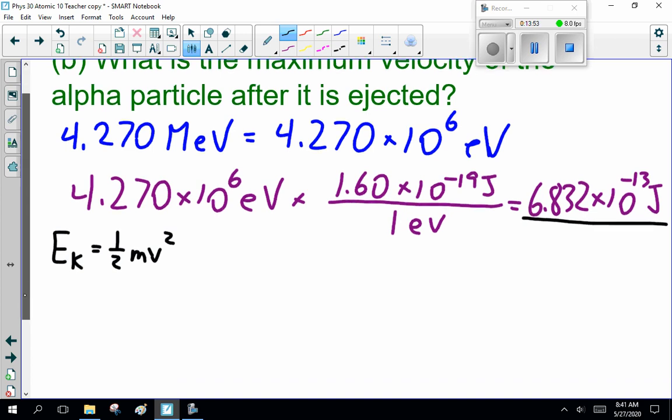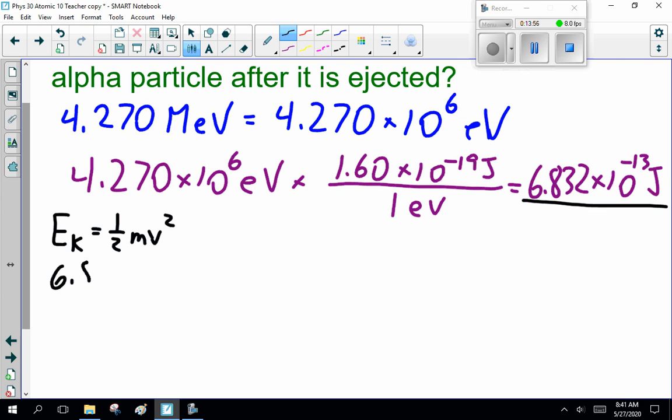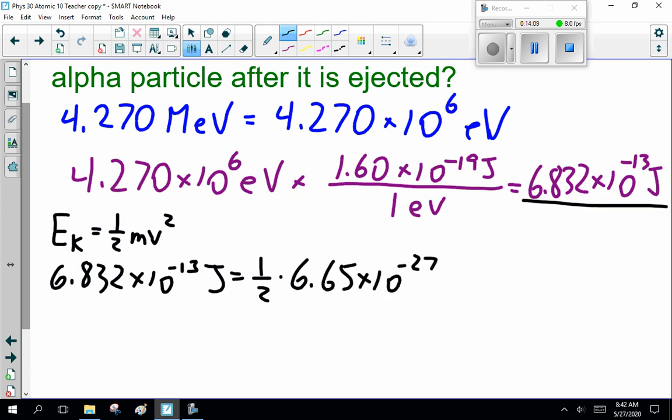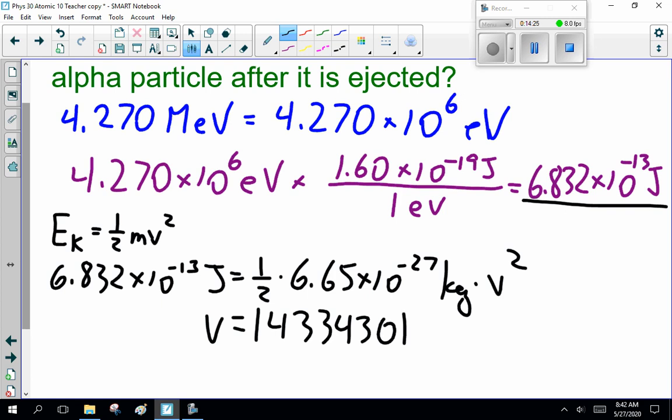So 6.832 times 10 to the minus 13 of a joule is 1/2, and the mass of an alpha particle, you look at the last page of your formula sheet, 6.65 times 10 to the minus 27 of a kilogram, times v squared. So v squared is, actually no, I just plugged the numbers in. I got v, 1433401 meters per second.